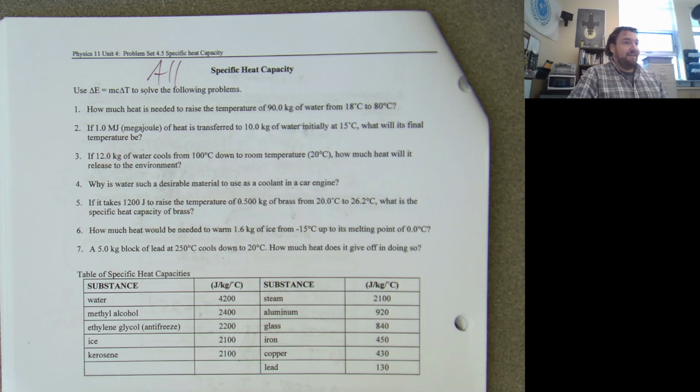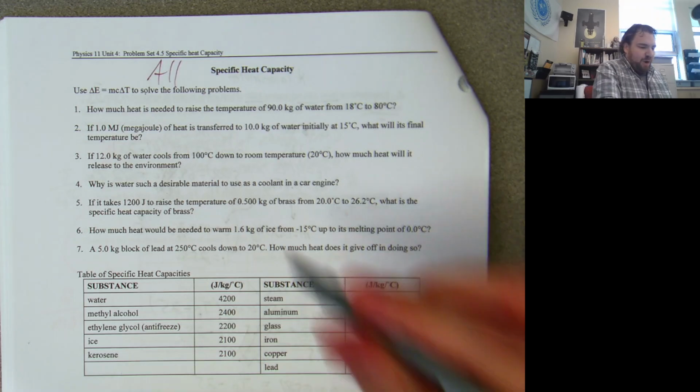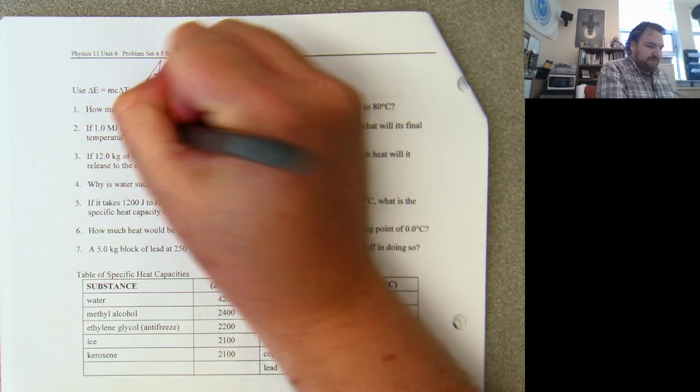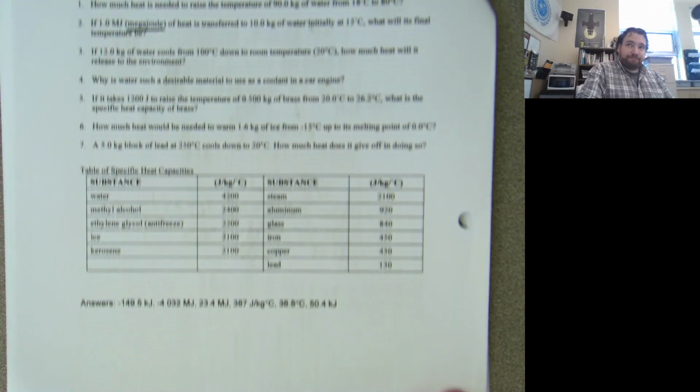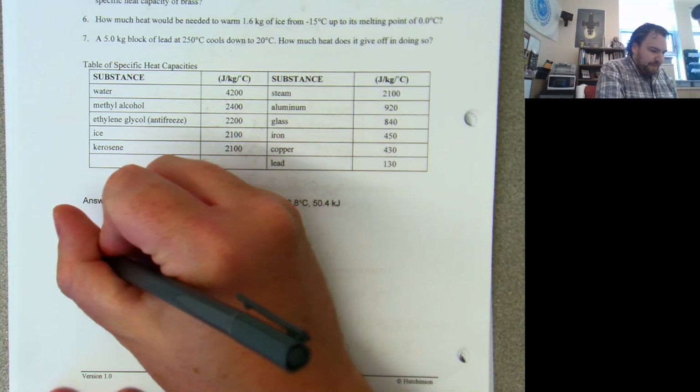Number 2. If 1 megajoule of heat is transferred to 10 kilograms of water initially at 15 degrees, what is the final temperature? Here's number 2.